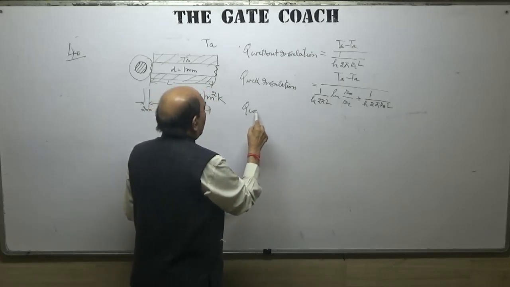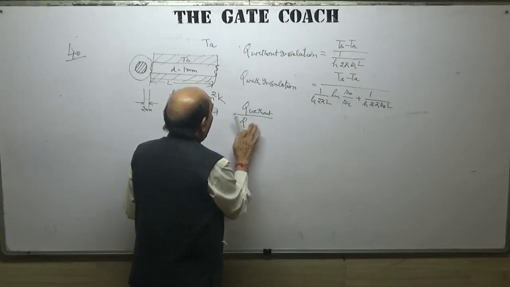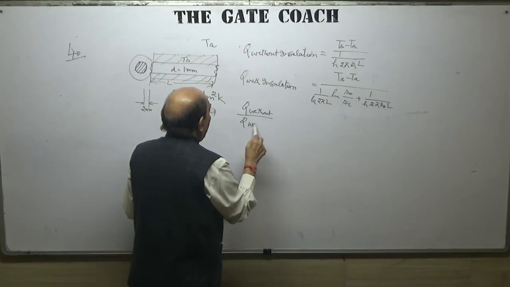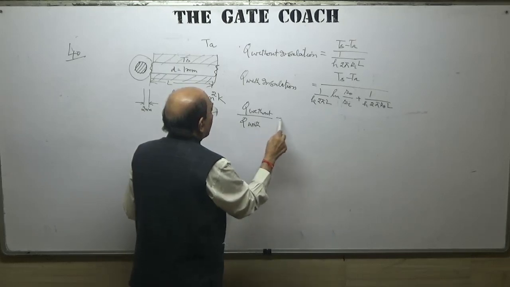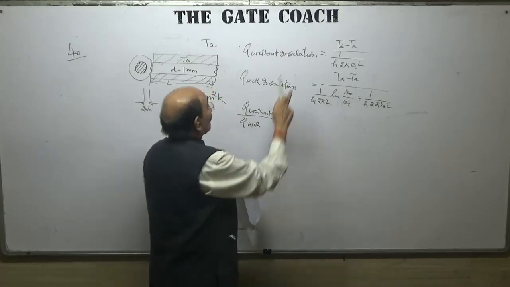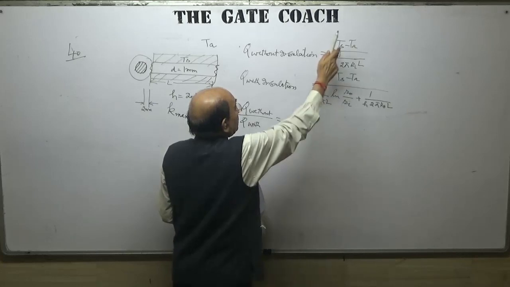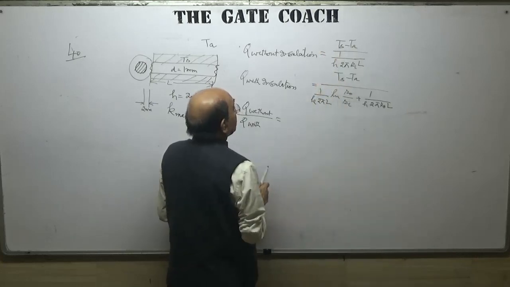Now Q without insulation upon Q with insulation, this divided by this. This Ts minus Ta gets cancelled.